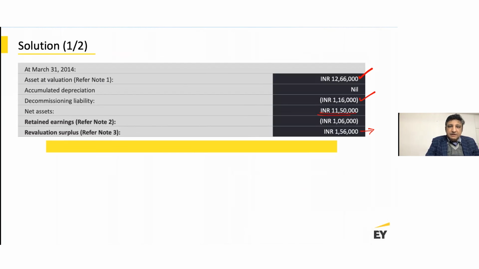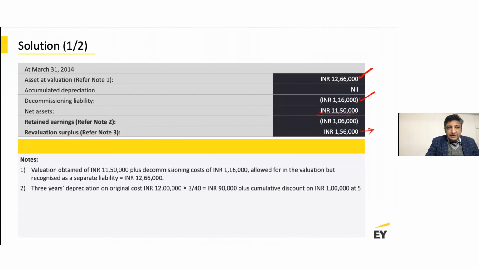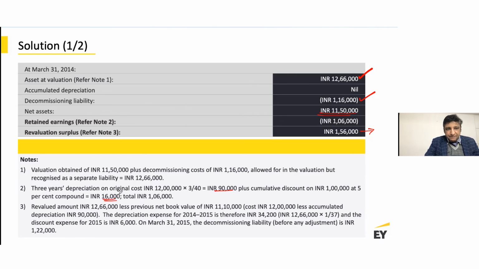Now, this is a reference of 106, which is retained earnings. This is nothing else but my total depreciation and my finance cost on the decommissioning cost, which is charged for these 3 years. And for the fourth year, the decommissioning liability would be 1,22,000. We had calculated that before.